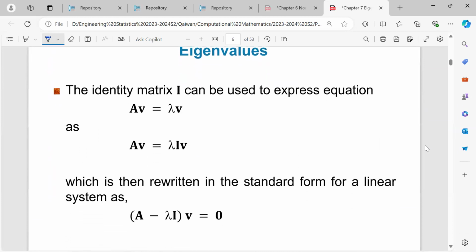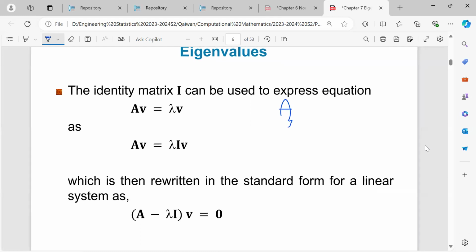Okay. Now, to find eigenvalues and eigenvectors, we need the identity matrix. We studied the identity matrix in the first chapter. We take the identity matrix based on the given matrix. If it says find the eigenvalues and eigenvectors for this matrix, and the size of matrix A is 3 by 3, we must get the identity matrix for a 3 by 3 matrix.